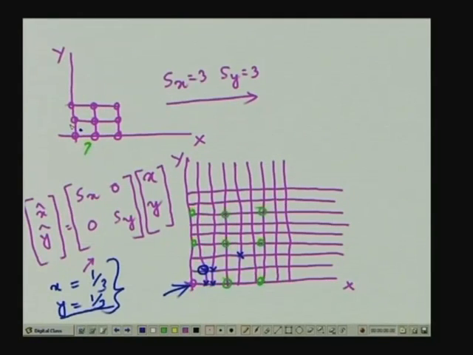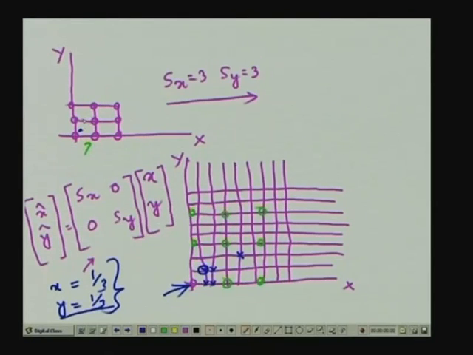Now, the only process that I have to do is I have to go for approximation of the intensity value which should have been at this location 1 by 3, 1 by 3. Now, how to get that approximate value? That is the problem. So, the only way in which this can be done is I have to interpolate the image in these points where I do not have any information.